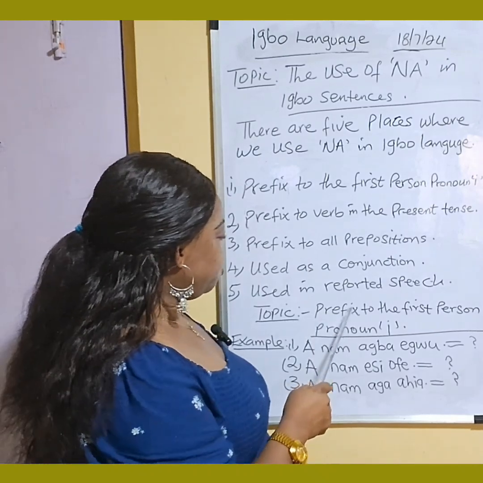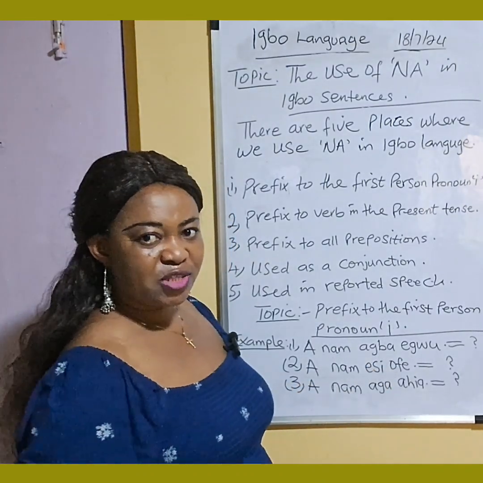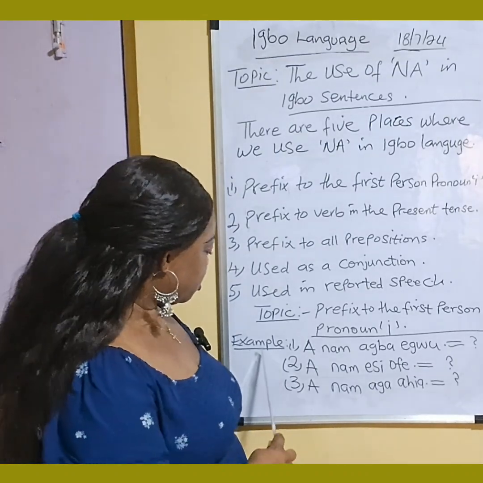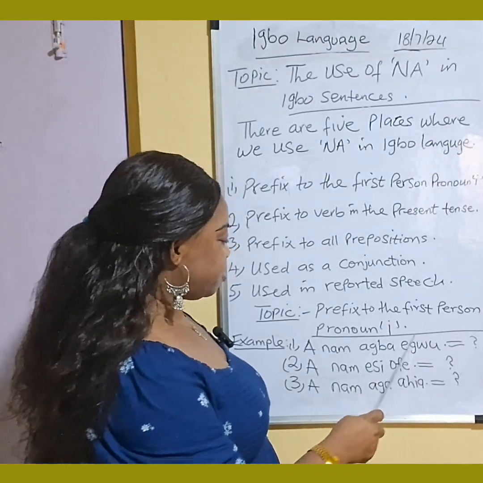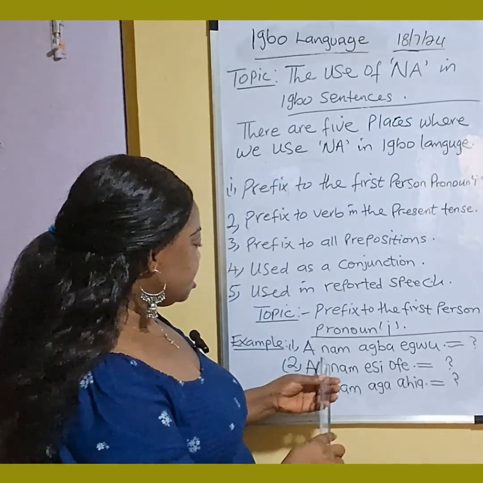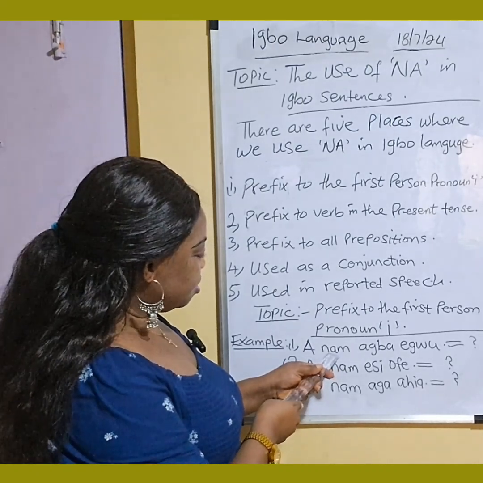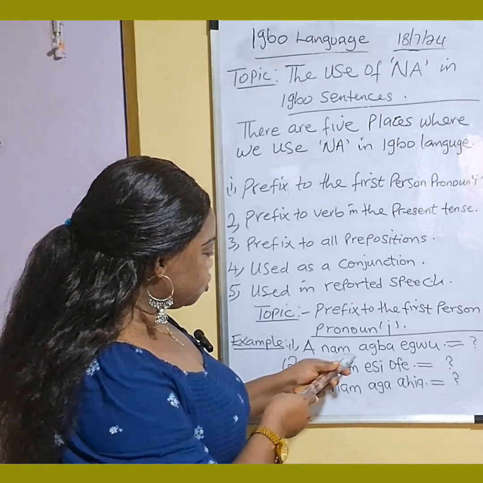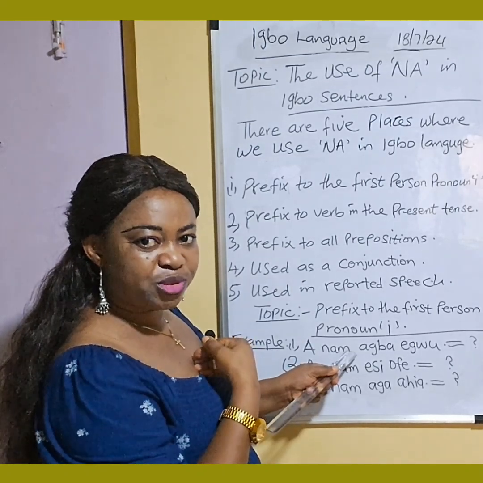Topic: we use na as a prefix to the first person pronoun I. Let us see it in Igbo. Example: Anam agba egwu. You can see, look at the na. We use it as a prefix to I, the first person pronoun.